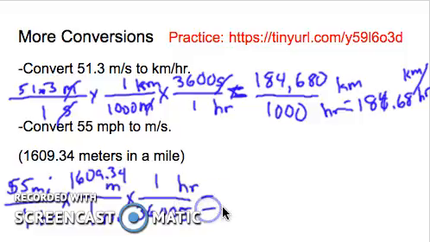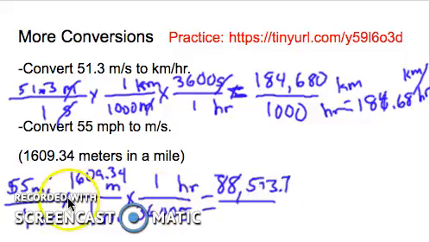So all we do now is multiply straight across the top. I see 55 times 1609.34 times 1 equals, and in my calculations it looks like 88513.7.